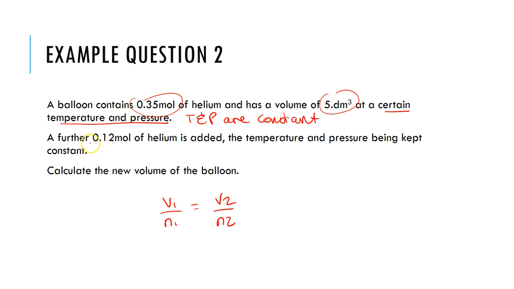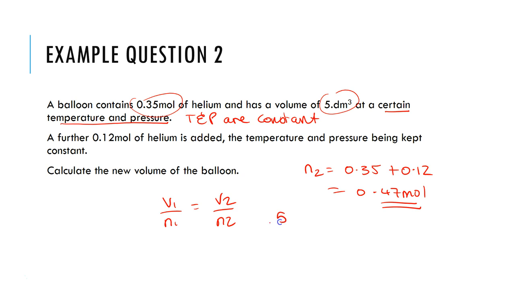And I'm told a further 0.12 mole of helium is added. So I've started at an amount of 0.35 mole, but my n2 is going to be 0.35 plus an additional 0.12. So it's actually going to be 0.47 mole that is in my balloon. Now I need to calculate the volume of the balloon.